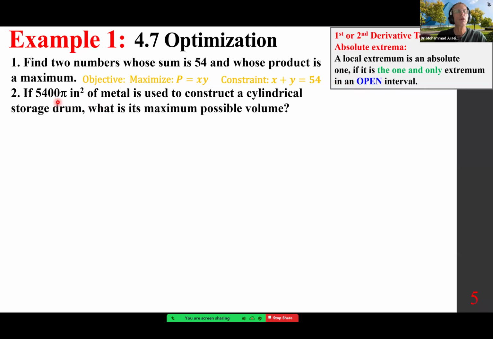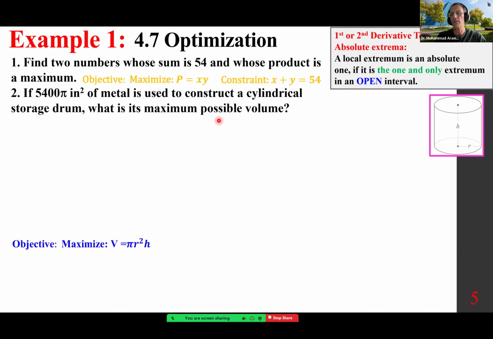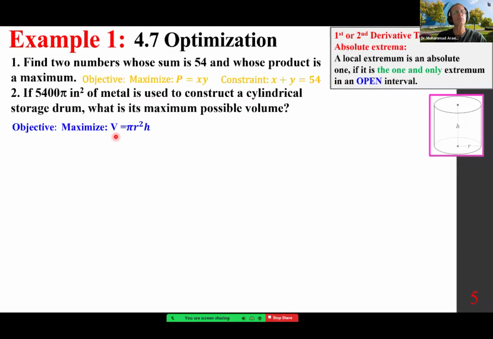If 5400 pi inches squared of metal is used to construct a cylindrical storage drum, what is its maximum possible volume? First and foremost, here's the shape. And we want to maximize the volume, pi r squared h, a piece of information from geometry we should have. And it's subject to the constraint.